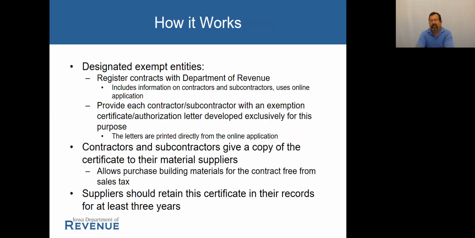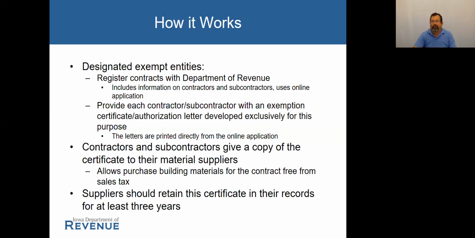A designated exempt entity will register the specific contract with the Department of Revenue. This includes information listing their contractors and subcontractors and is an online application. Then they must provide each contractor with an exemption certificate and authorization letter that has been developed exclusively for this purpose.